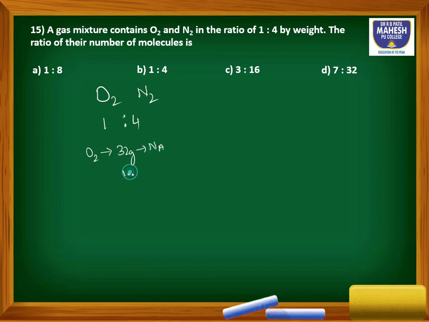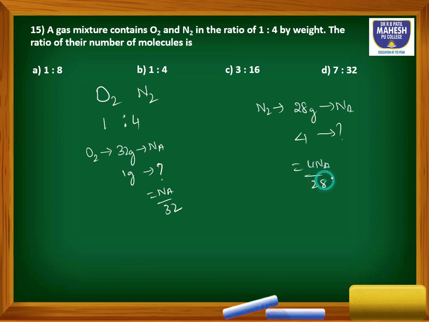Then 1 gram has how many? That is nothing but Avogadro divided by 32. In the case of nitrogen, we know that 28 is its molecular mass. That has Avogadro. Then 4 has how many? 4 into Avogadro divided by 28. So that is nothing but Na divided by 7.